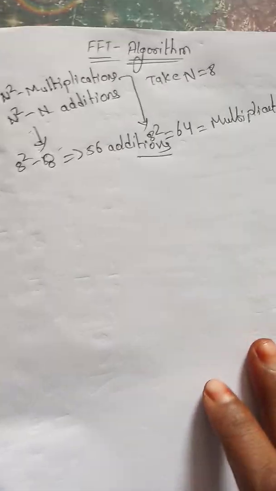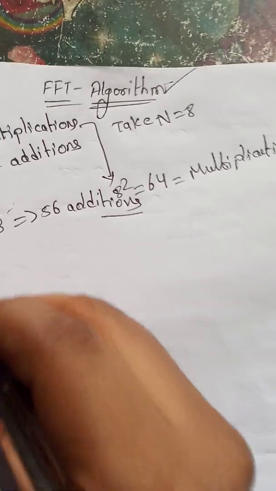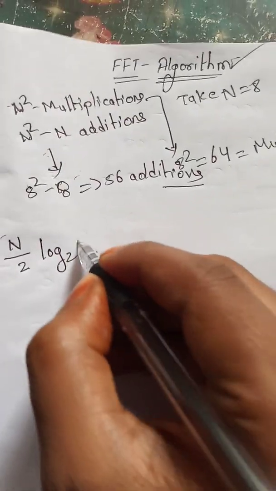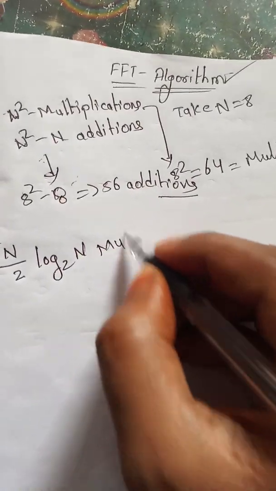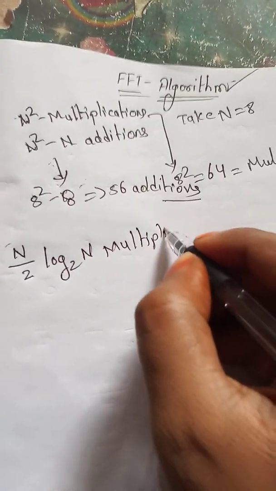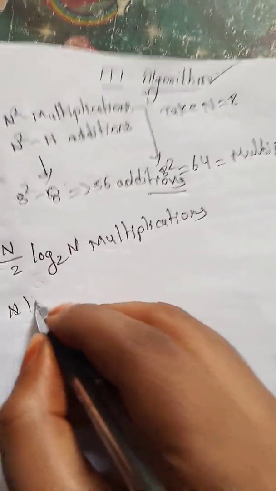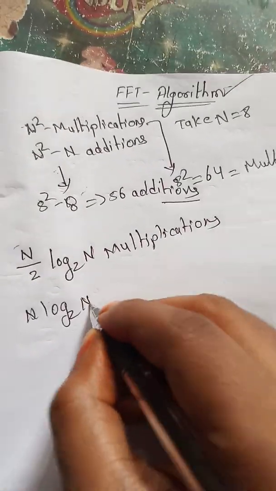if it is DFT. If we are using the FFT algorithm, then it requires N by 2 log base 2 N multiplications and N log base 2 N additions.